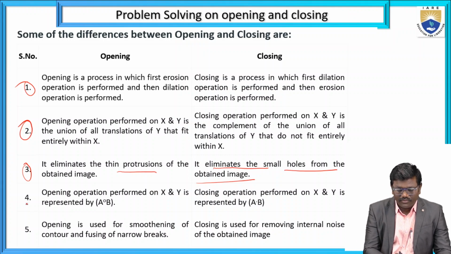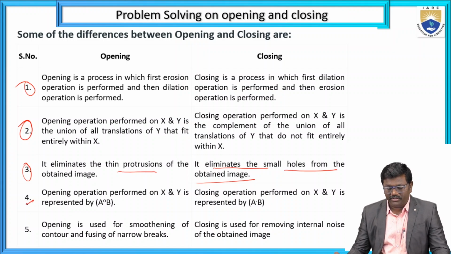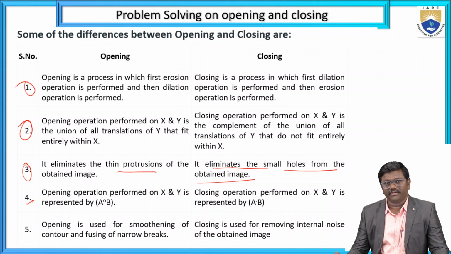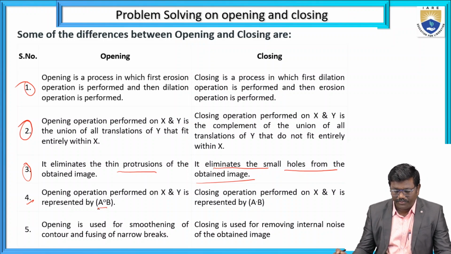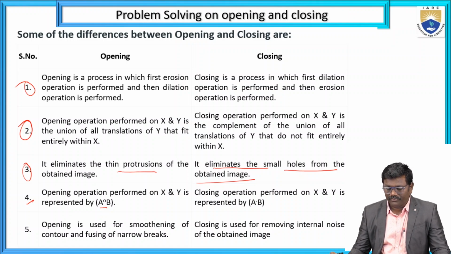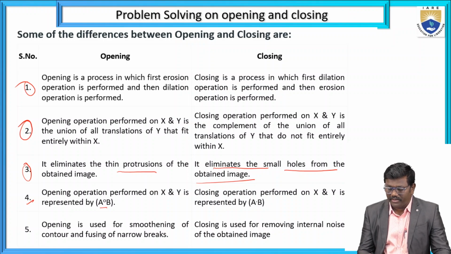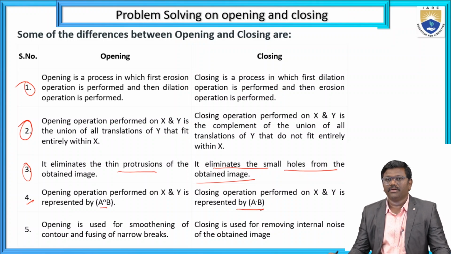Fourth, the opening operation on X and Y is represented by A circle B, whereas the closing operation is represented by A dot B.